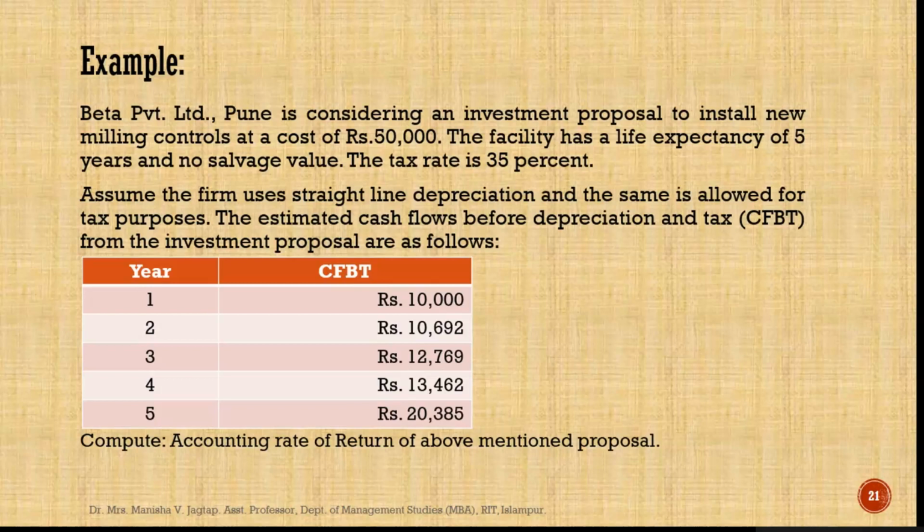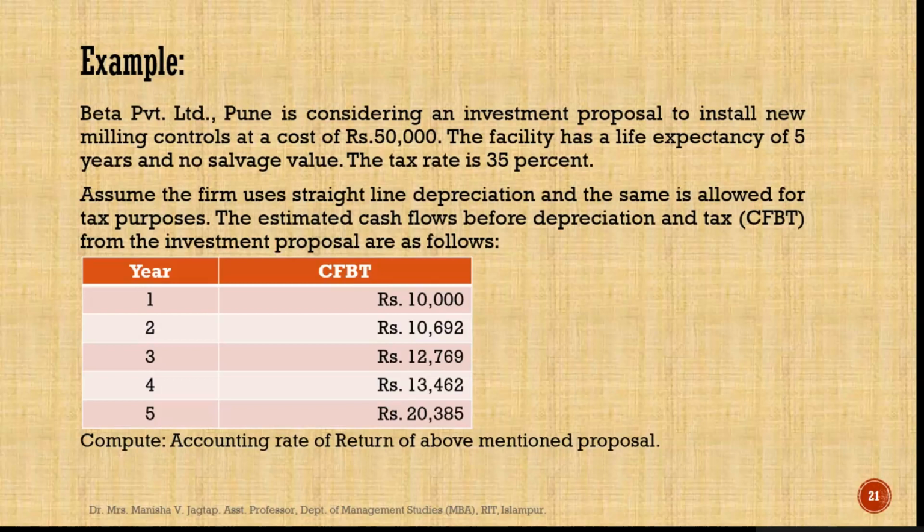The tax rate is 35%. Assume the firm uses straight line depreciation and the same is allowed for tax purposes. The estimated cash flow before depreciation and tax from the investment proposal are as follows.